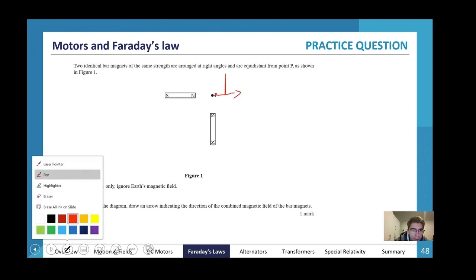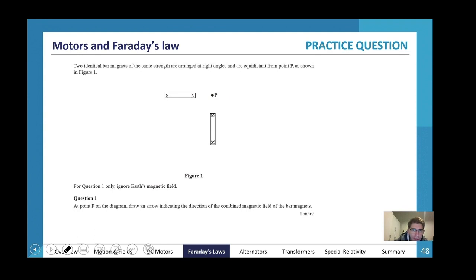In this case, we know that magnetic field lines go from north to south, right? Same here, right? But we're only going to focus on these two arrows.